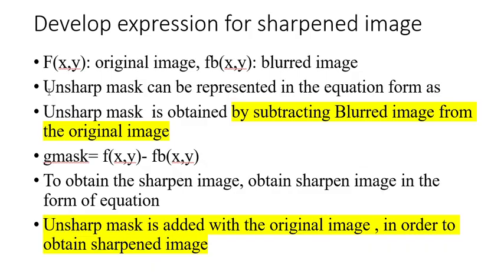You can write that as f bar of x comma y, and the unsharp mask is represented in the form of the equation g mask is equal to f of x comma y minus fb of x comma y. The unsharp mask is added to the original image in order to obtain the sharpened image.